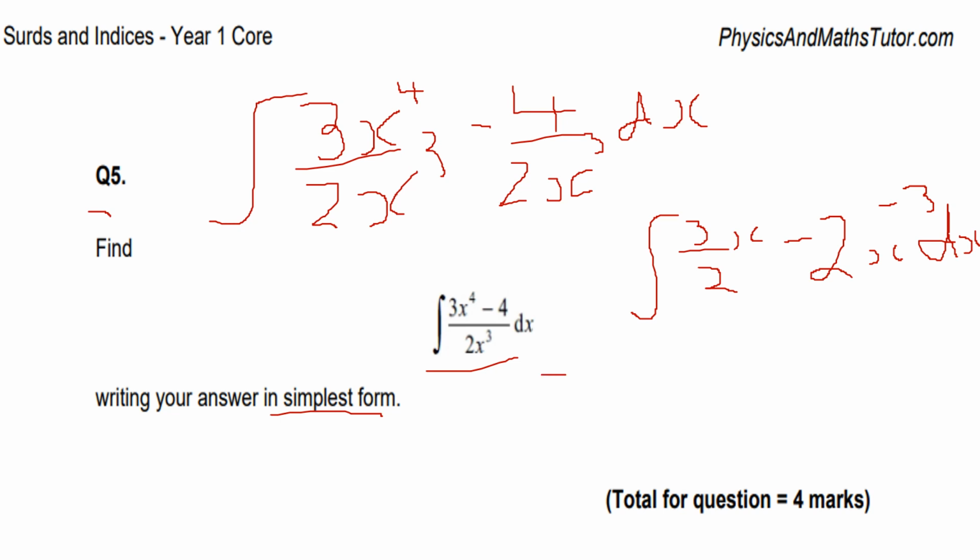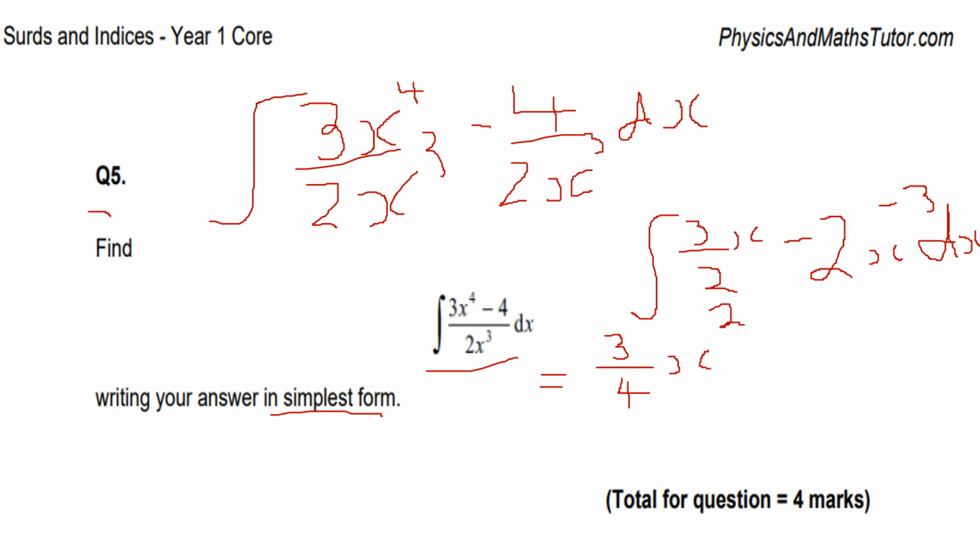Okay, so now integrating this, guys. So adding 1 to the power and then dividing by the new power. I'm going to get 3/4 x squared when I integrate 3/2 x. I get 3/2 x squared over 2, which simplifies to 3/4 x squared.